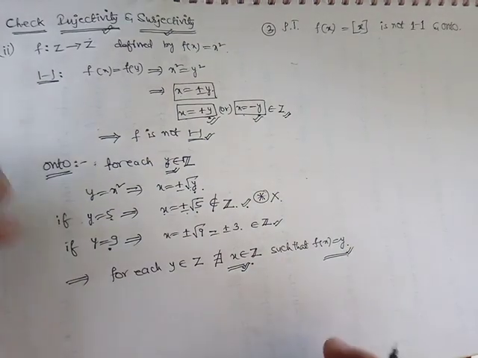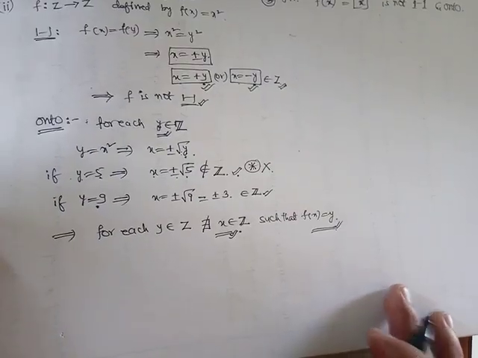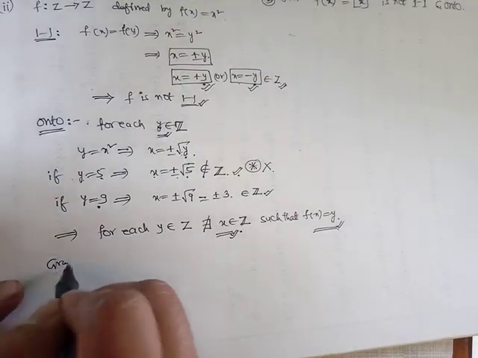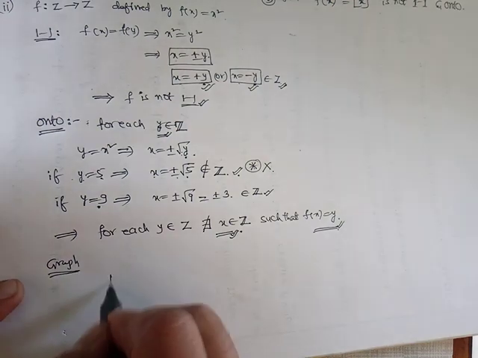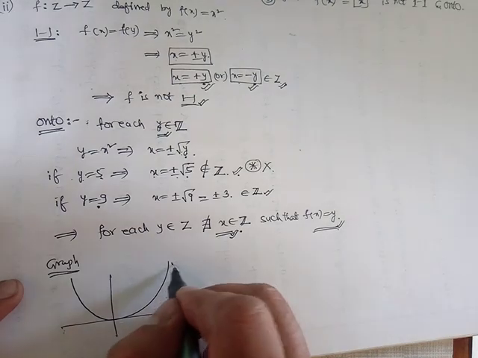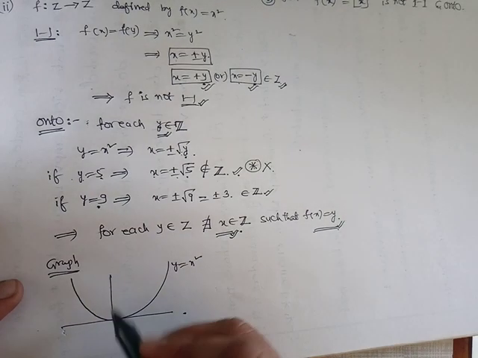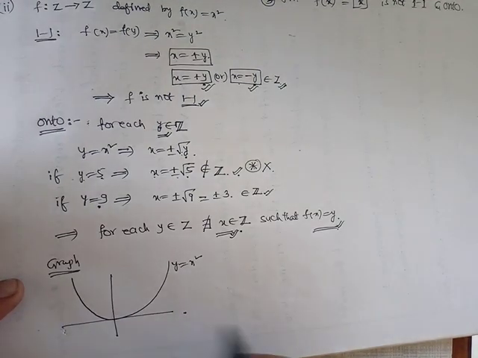Okay. And in this way also we can understand, let's see how to understand it graphically. If you have a graph like y = x² defined from the real number system to positive real numbers, then draw a line parallel to the x axis. It is the condition for checking one-one.